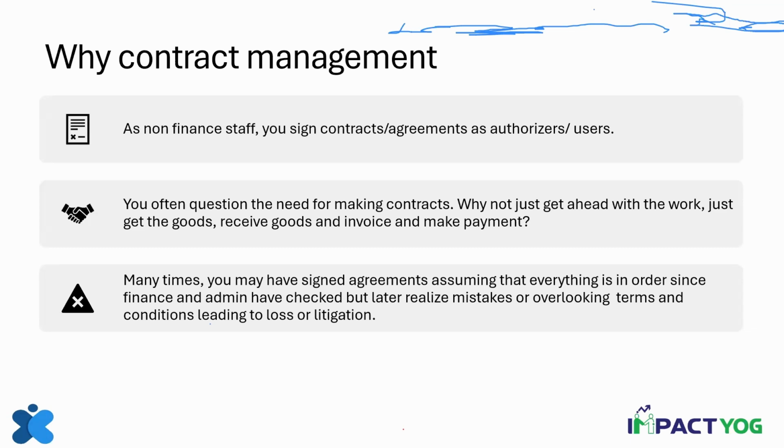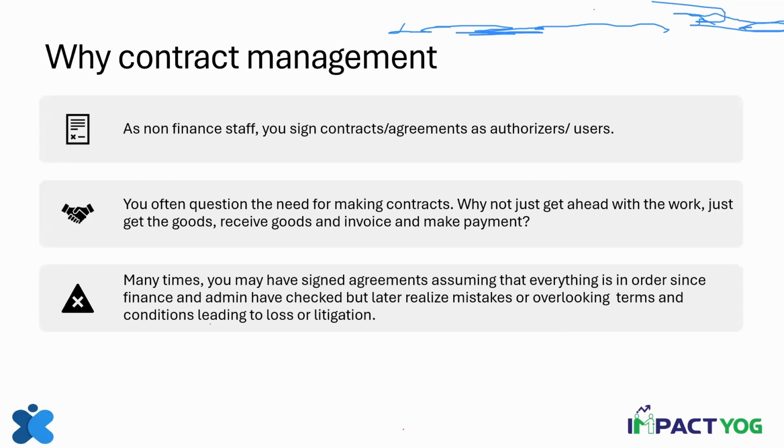So either it will be suboptimal procurement, or there will be a loss, and you will not be able to go to the vendor and say, well, you have provided me with an inferior product, because the contract management process was not properly done in your organization.